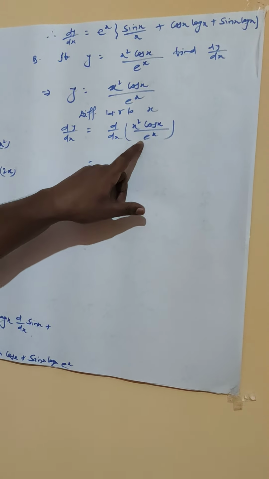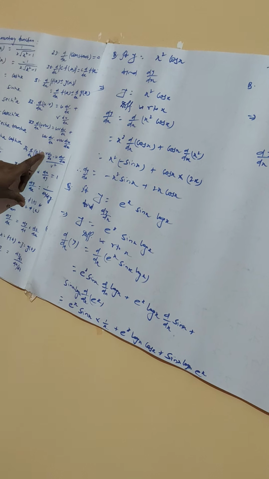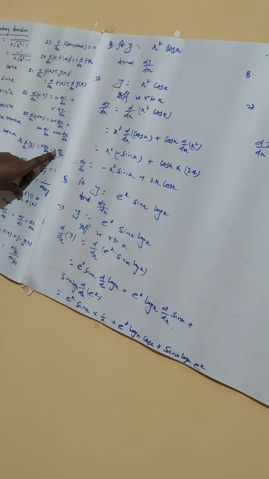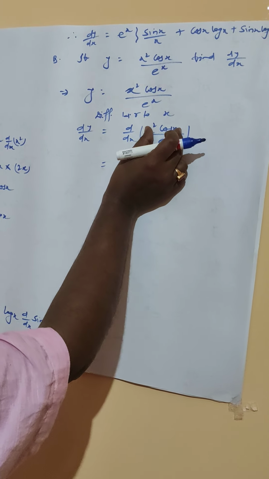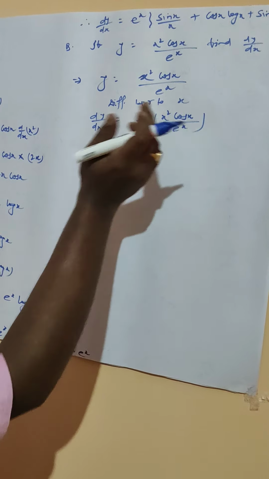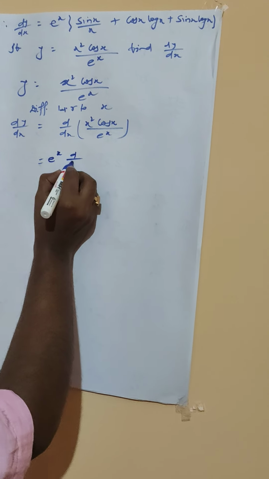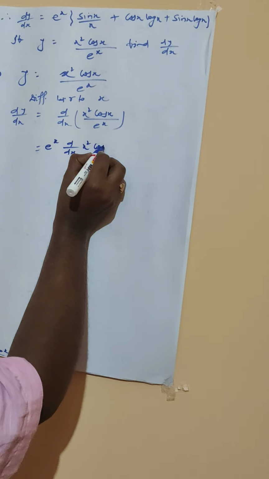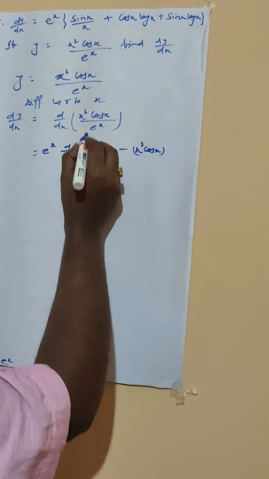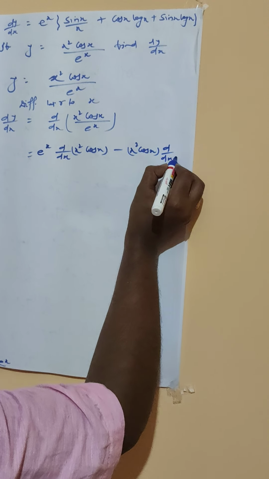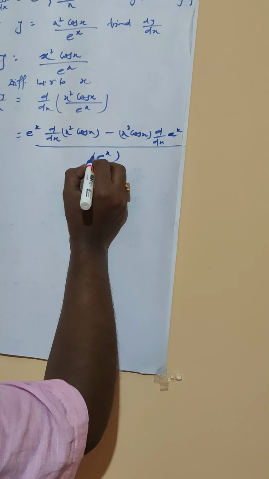This is in the form of u by v. For u by v we have to use v differentiating u minus u differentiating v divided by v square. Here u is x squared cos x and v is e raised to x. So we can use this result, e raised to x d by dx of x squared cos x minus x squared cos x, d by dx of e to the power x, divided by v square.